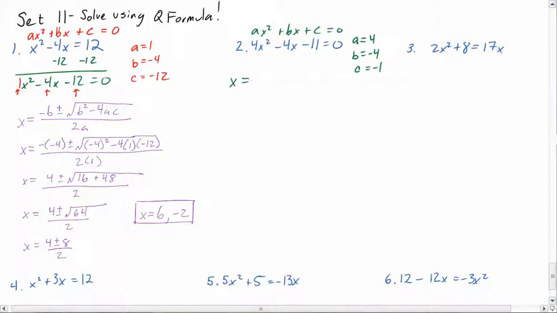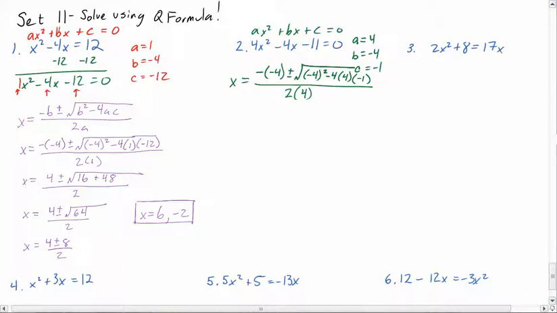X equals, now I'm not going to write down the whole thing. I'm going to state it, but I'm not going to rewrite it because it's still over here on the left-hand side. So x equals negative, and then the b, which is negative 4, plus or minus the square root of b, which is in parentheses, squared, minus 4 times a times c, all over 2 times a.